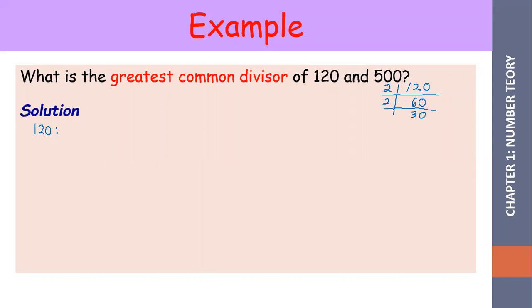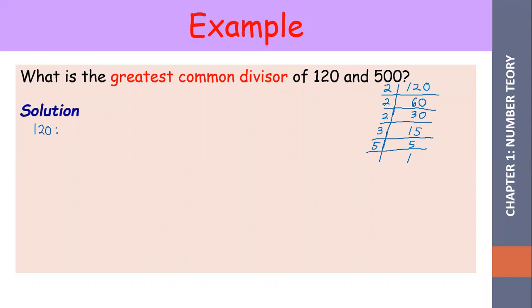60 divided by 2, you got 30. Divided by the smallest prime again, 2, you got 15. 15 can be divided by 3 or 5, but the smallest is 3. 15 divided by 3, you got 5. 5, no choice, you got 1, betul.